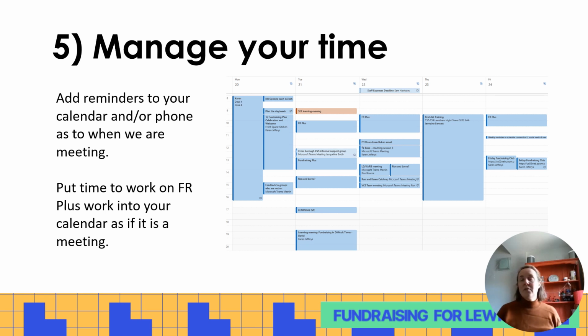Number 5, my other tip, is to manage your time. So add reminders to your phone that we're having meetings, or add it to your calendar, whatever works for you. I find that I have it on my calendar, but sometimes it pings up and I'm in the middle of something and I don't always spot it, or it pings up behind another screen. So I also have things on my phone.